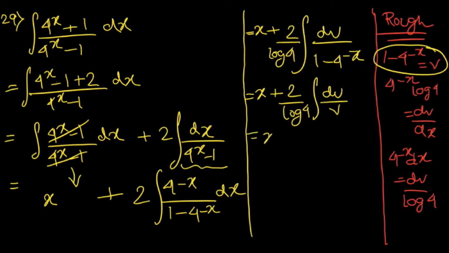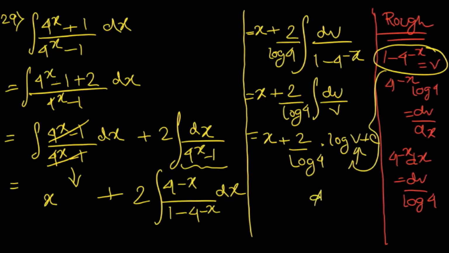Integration of 1 by v with respect to dv gives log v, from the standard formulas of integration, so log v plus c. We need to substitute the value of v from here in order to get the answer.